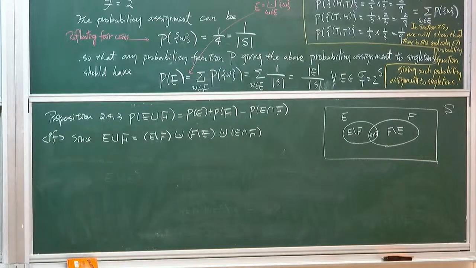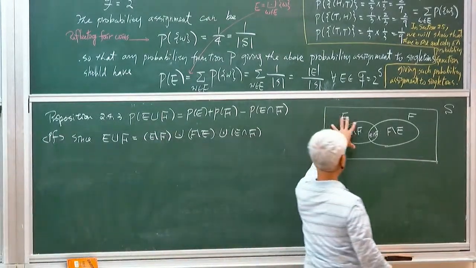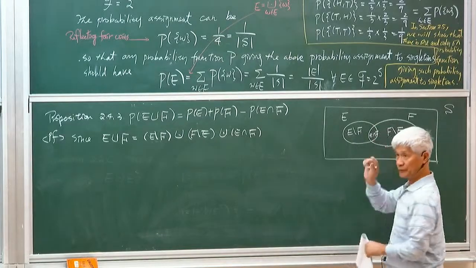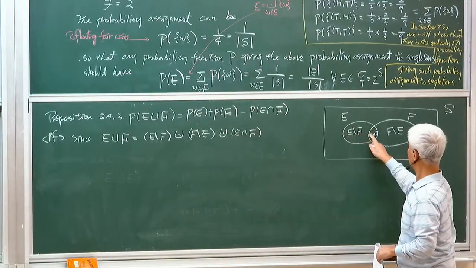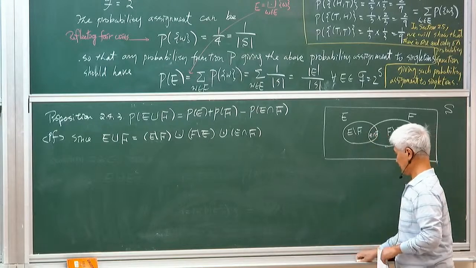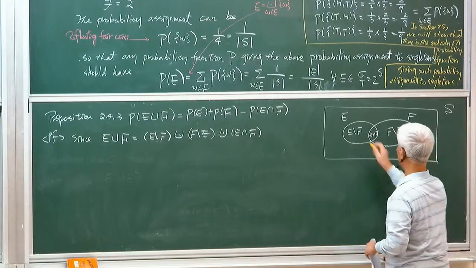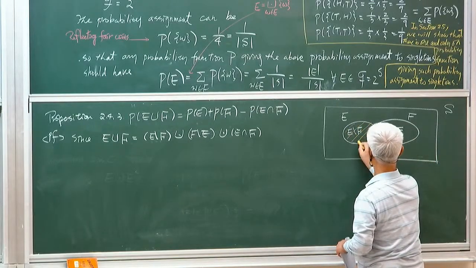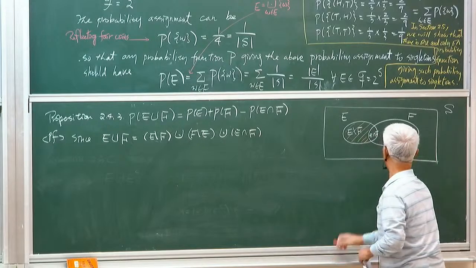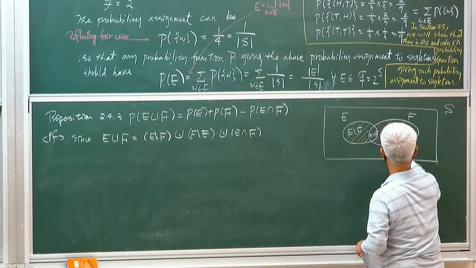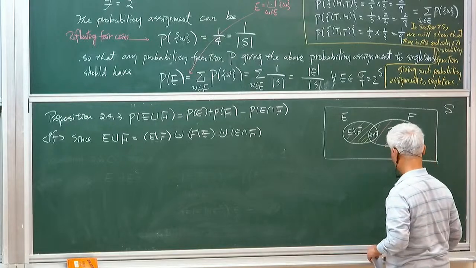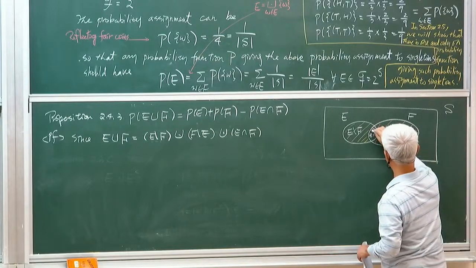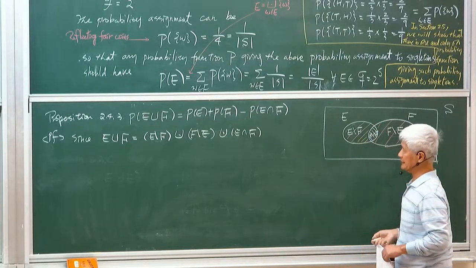Is that okay? From the Venn diagram, the union of E and F consists of three disjoint parts. The first part is here. The second part is here, okay? And here. So there are three parts.